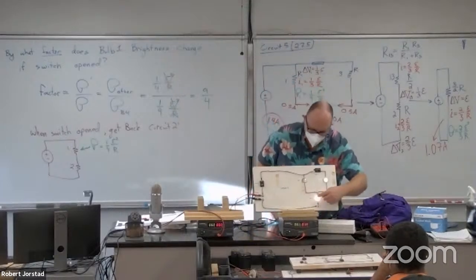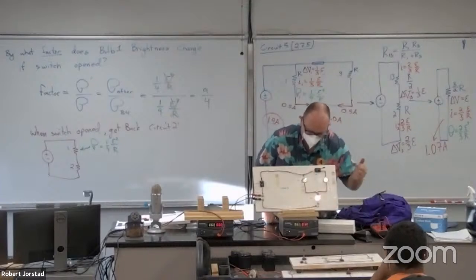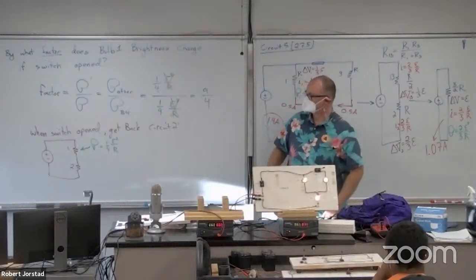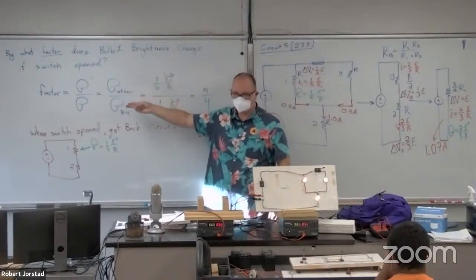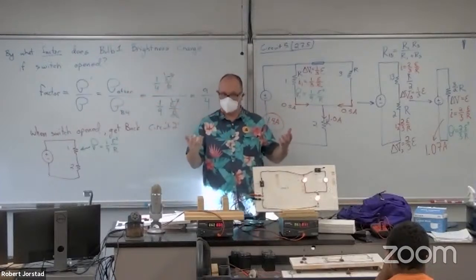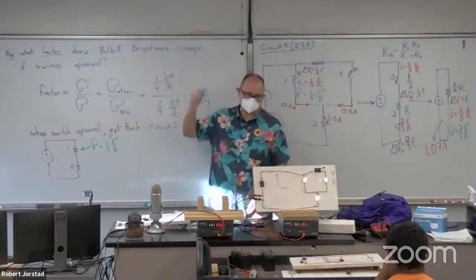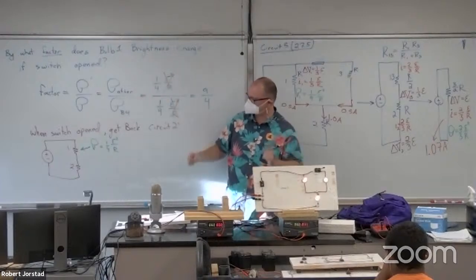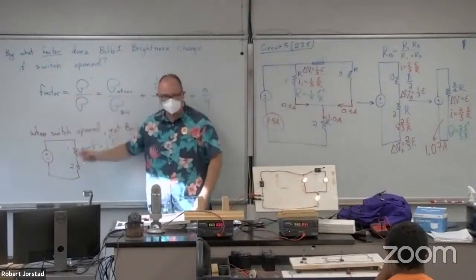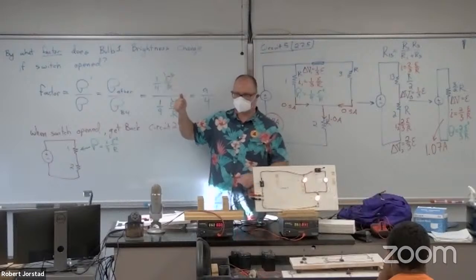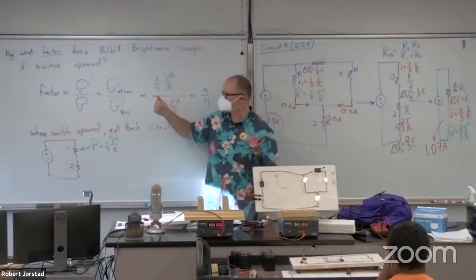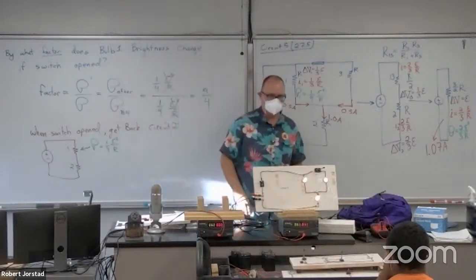It's not getting brighter, it's getting less bright. Is the power ever going to be negative? No. It's a negative % change, but the factor is less than 1. This is the trick. So when we think about this factor, if something gets brighter, the factor should be greater than 1. If something gets less bright, the factor should be a fraction less than 1.